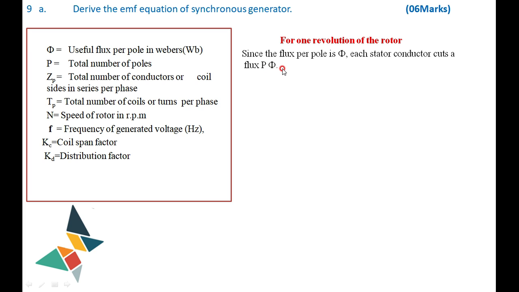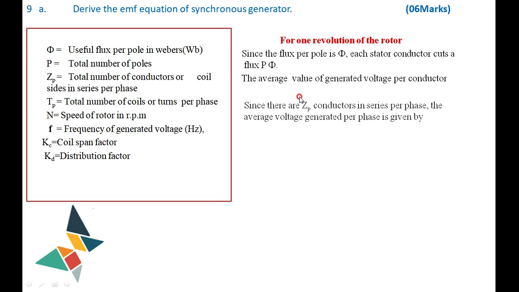At the same time, the time taken for one revolution is 60 by N seconds. Therefore, I am writing the average value of generated voltage per conductor, because I am considering a single conductor and a single revolution.